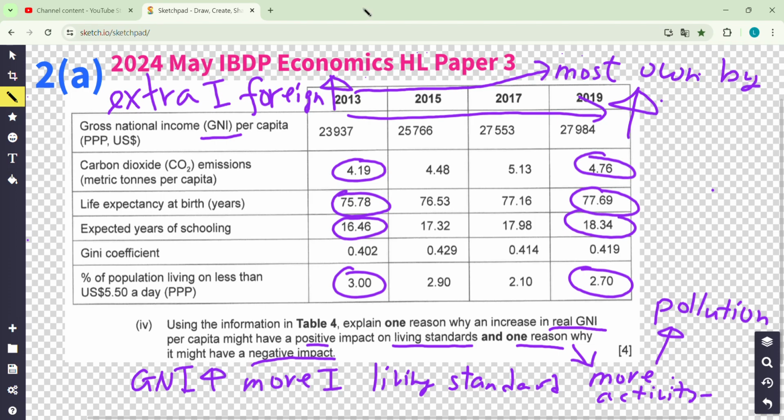So when we focus on GNI, not GDP, and GNI grows, maybe only the rich people can enjoy and benefit from it more, so it will increase income inequality. This is the next concept.